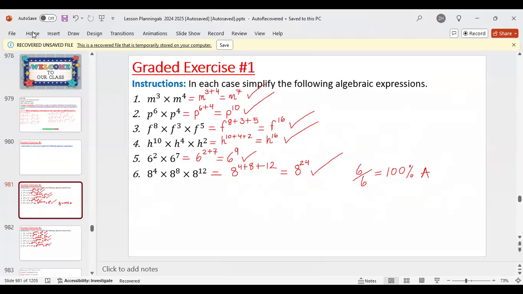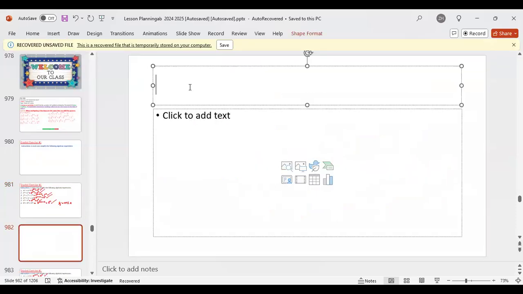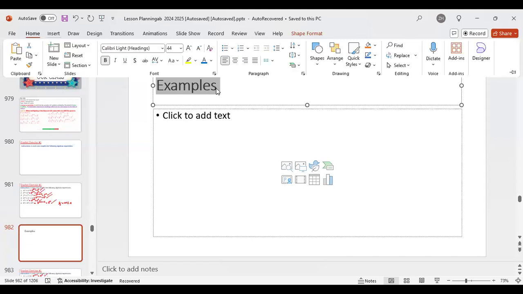So we have this is going to be great exercise number 1, 2, 3, 4, 5. Oh, examples. So in each case, our goal is to simplify for these ones.